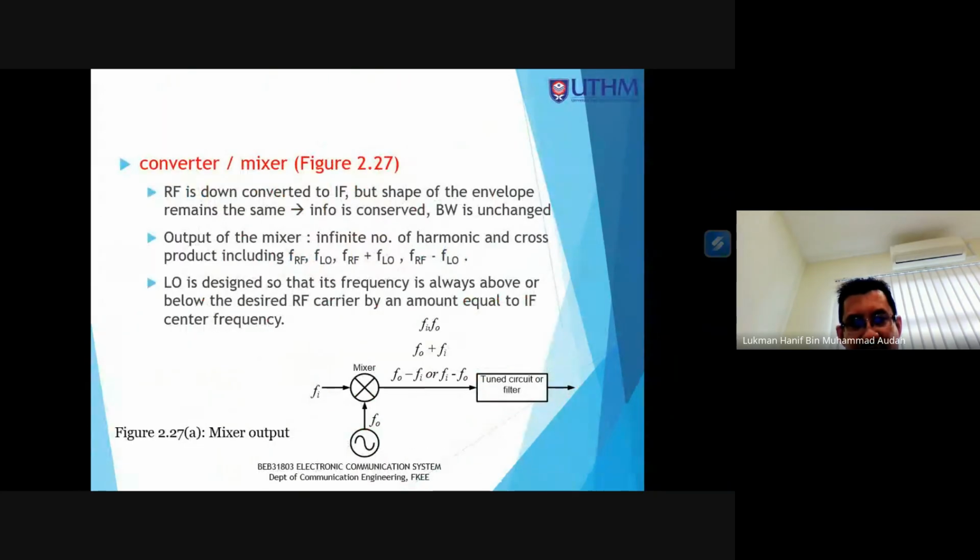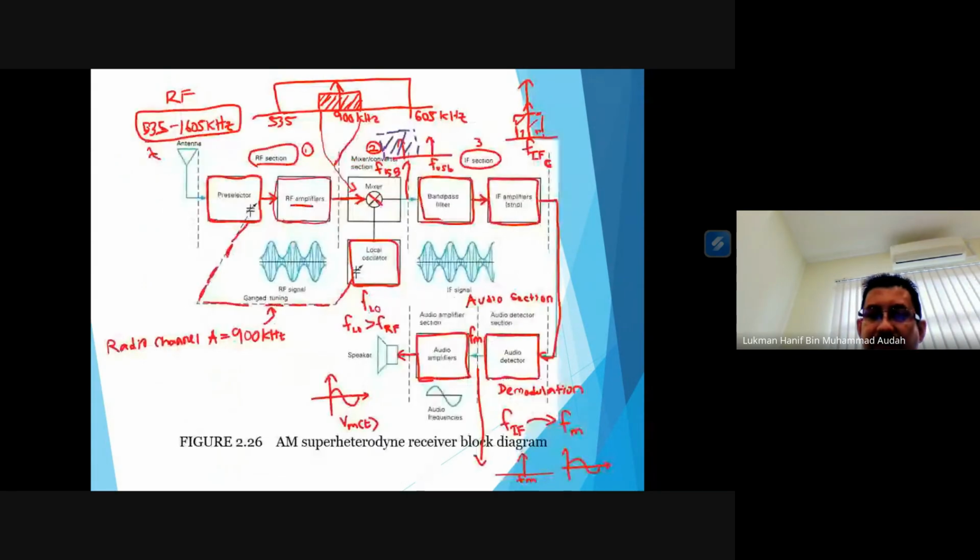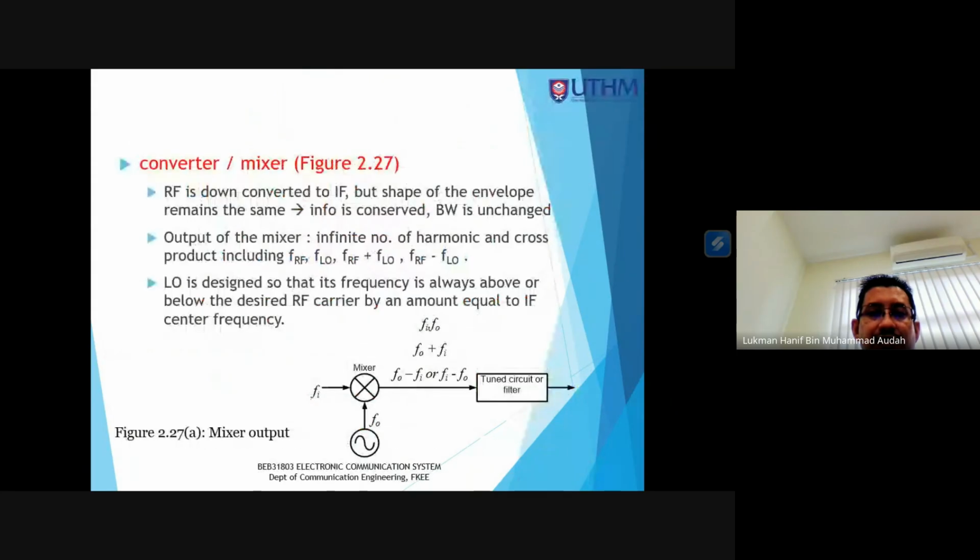And if you see one by one, the mixer converter section, as I have mentioned previously, will down convert the frequency band from radio frequency to become the intermediate frequency, which is this one.